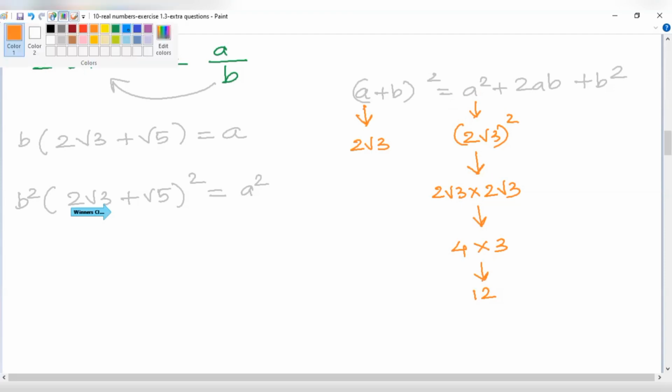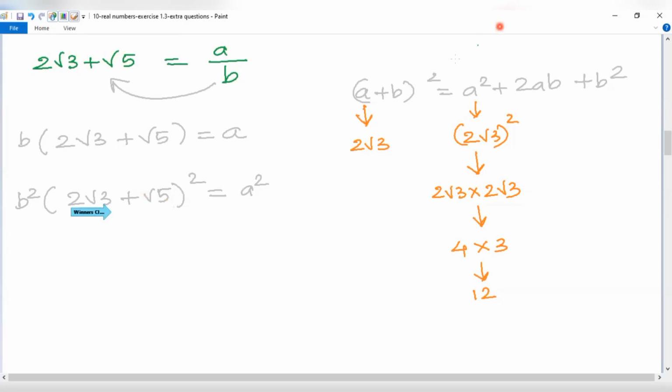Next, in place of b, here in the question, we have root 5. So b square will become root 5 square. Root 5 into root 5 is 5. Next, we have to check what is the middle term. As the middle term, we have 2ab, that is 2 into, in place of a, 2 root 3, and in place of b, root 5.